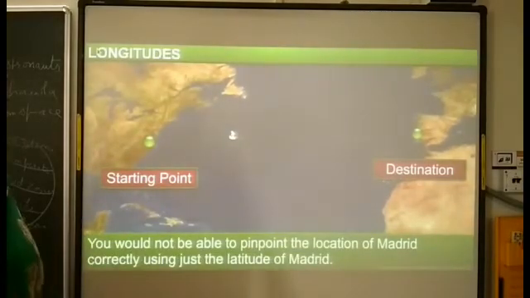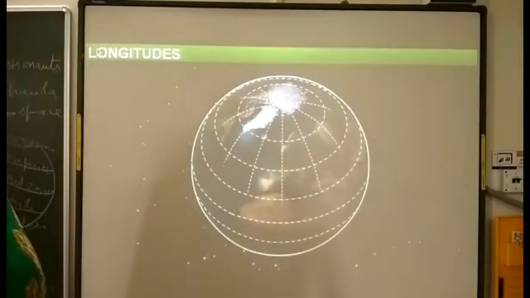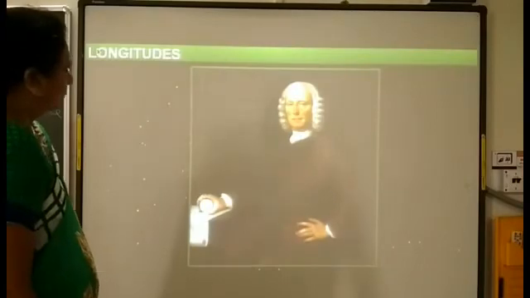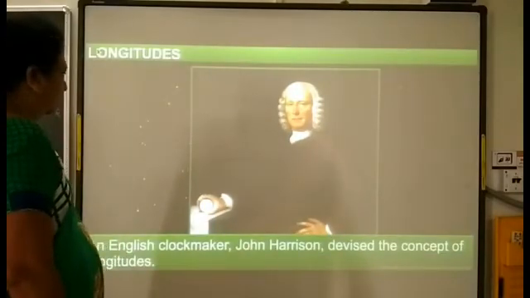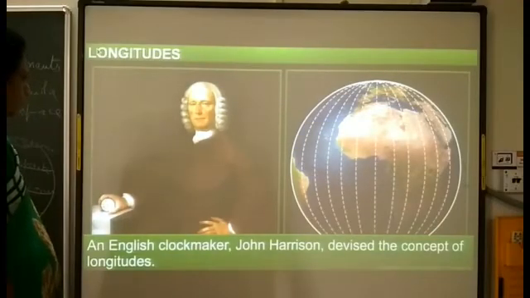Not really. As you can see, in order to determine the location of a place accurately, we need the values of both the horizontal and the vertical lines running through that place. This problem was solved by the English clockmaker John Harrison by devising the concept of longitudes.